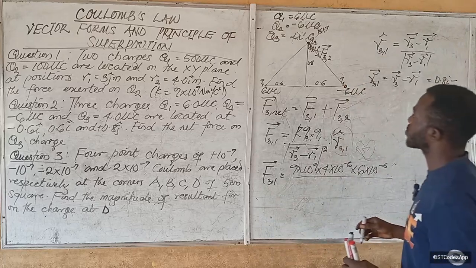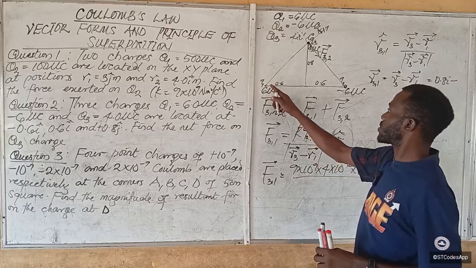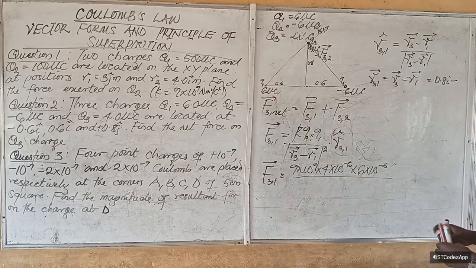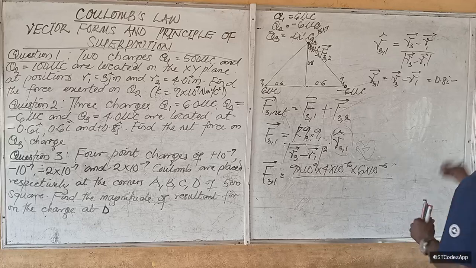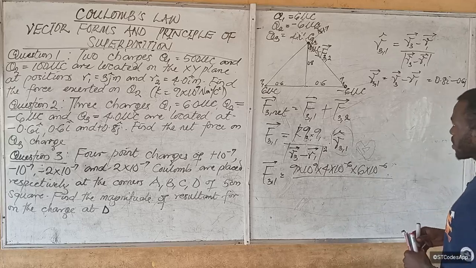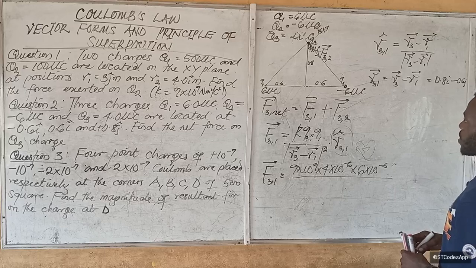What is R1? R1 is this, 0.6, so that will be minus 0.6j. Okay?